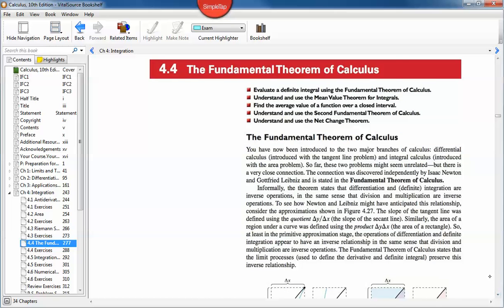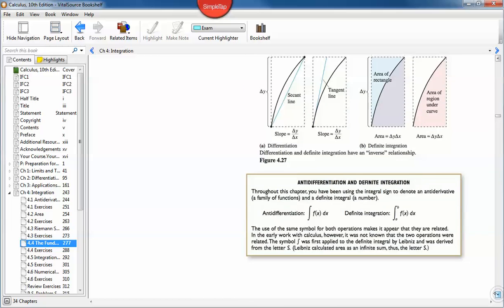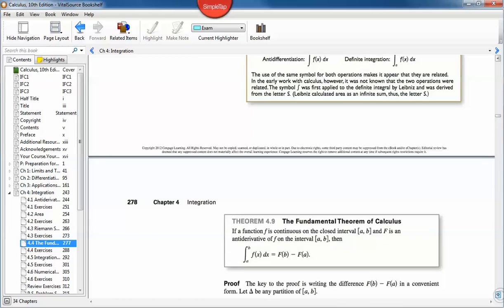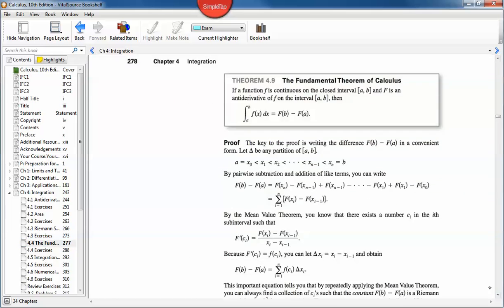The ability to actually do those definite integrals is pretty important. It's so important, it's actually called the fundamental theorem of calculus.